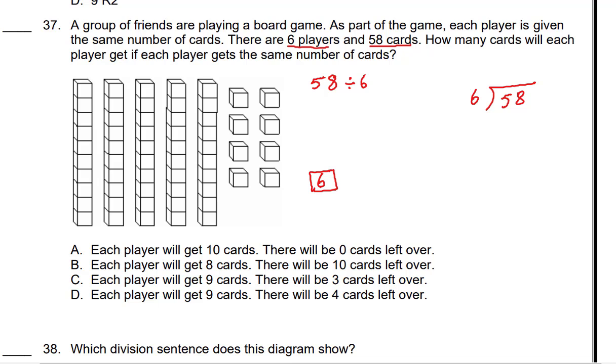If we multiply 6 times 9, it will equal 54. Great. And yes, 54 is less than 58. So we can use it. How to use it? Write the 9 above the 5 or the 8?